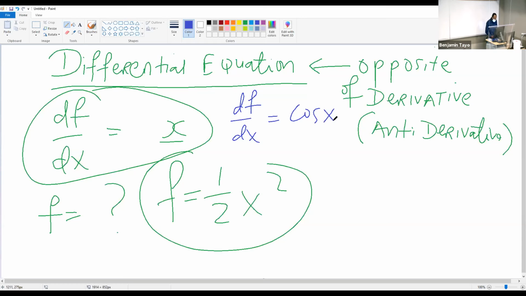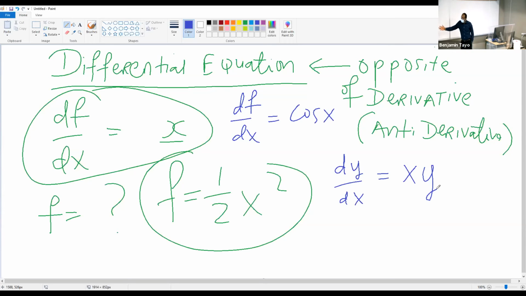Now, sometimes you can have something that looks like this. Let's say dy by dx equals x times y. So what function is this such that if you take the first derivative of that function with respect to x, the answer is going to be x times that function?